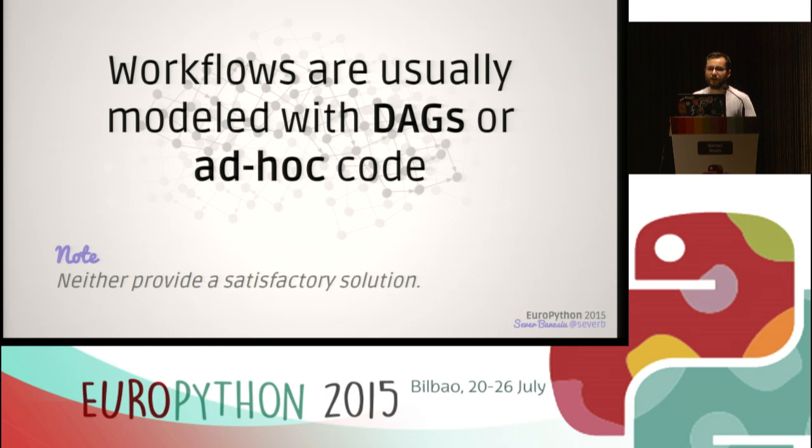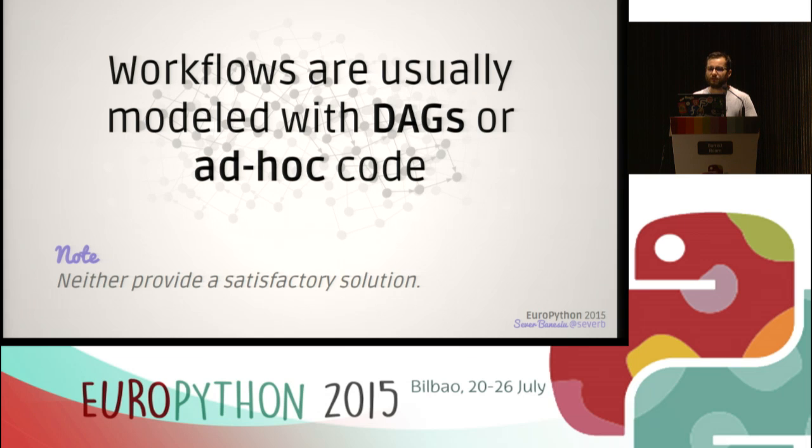Neither of those provide a good solution. And the reason for that is because DAGs are too rigid. You cannot have dynamic stuff happening there usually. And the ad hoc approach, where you have the job queues, tends to create code that is hard to maintain because the entire workflow logic is spread across all the tasks that are part of the workflow.